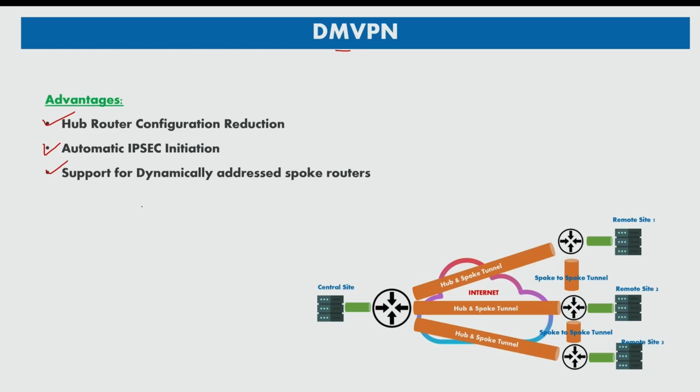When configuring a hub router for a point-to-point GRE and IPsec hub and spoke VPN network, you must know the physical interface IP address of the spoke routers, because this is the GRE and IPsec tunnel destination address. DMVPN allows spoke routers to have dynamic physical interface IP addresses, and NHRP, or Next Hop Resolution Protocol, right, is used to register the spoke router's dynamic physical interface IP address with the hub router.